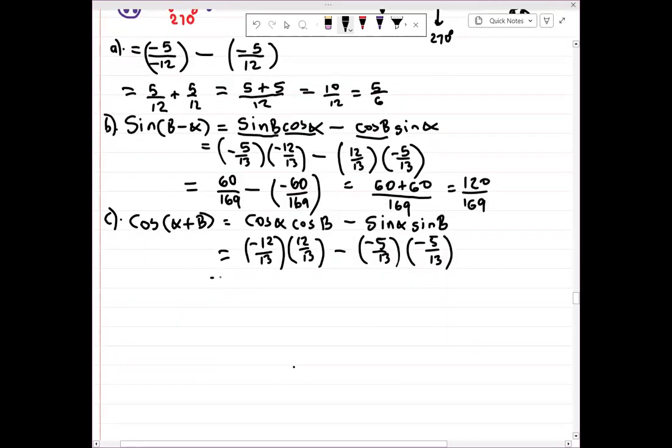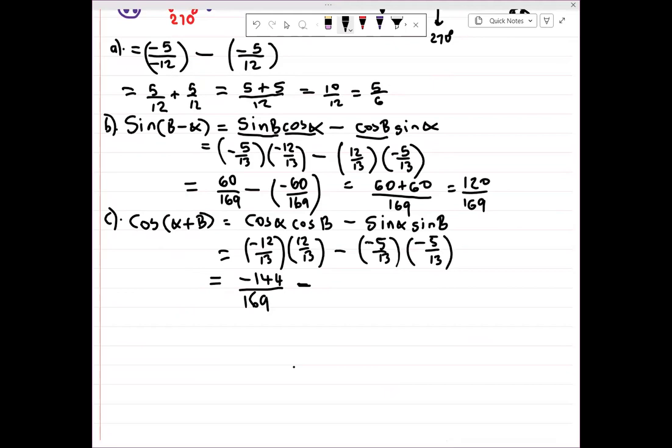Now we're going to get the solutions. Okay, using my brain here, I see that it's going to be negative 144 over 169, right? Then here I'm going to have negative, negative, and negative, so the final answer is negative.